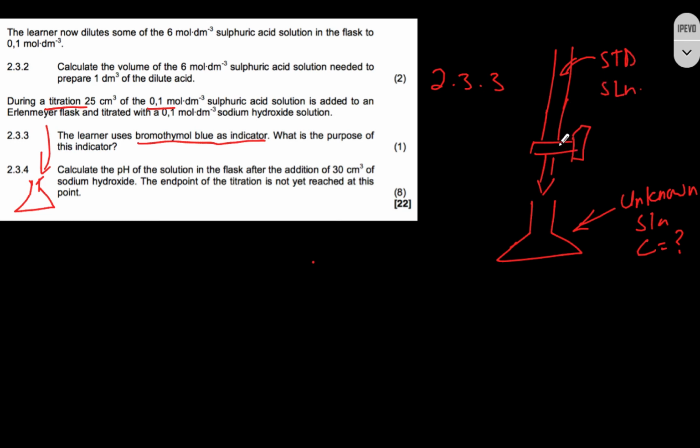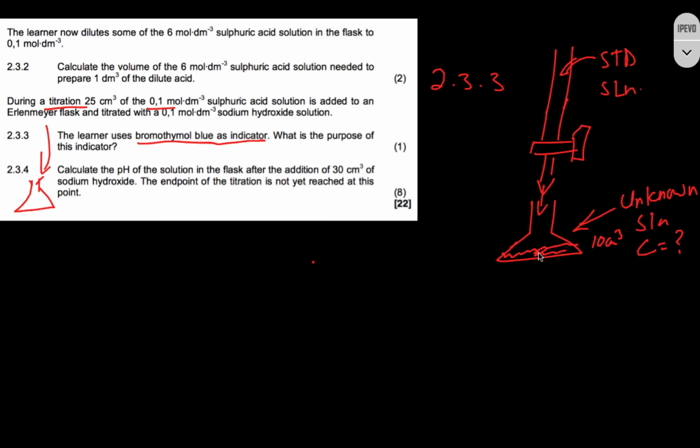So now you're going to be adding the standard solution into the unknown solution that you measured, maybe 10 centimeter cube or something. For you to know the end point, where you're supposed to stop adding more of the standard solution, or where all the base or the acid has been neutralized by the acid or the base, depending on which kind of titration you are conducting, you need an indicator.